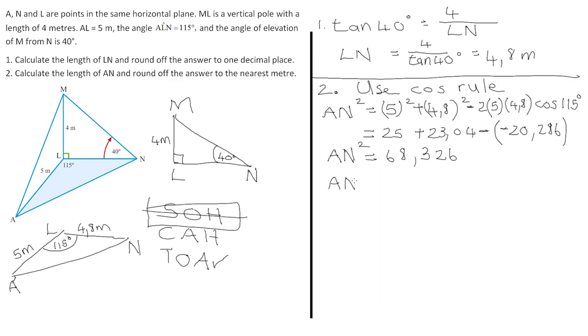AN is equal to the square root of 68.326. They said to round off the answer to the nearest meter. This will give you 8 something, which means we will get approximately 8 meters to the nearest meter.